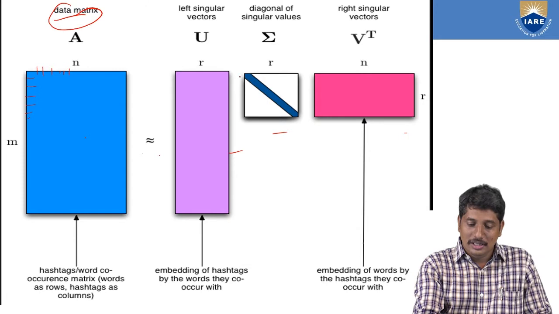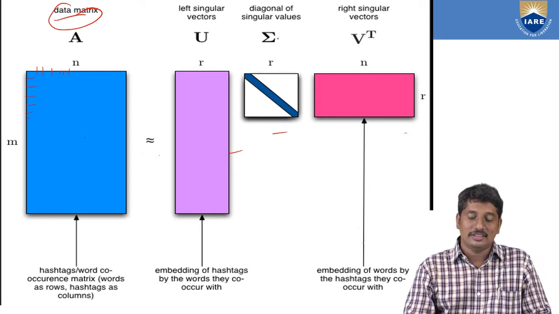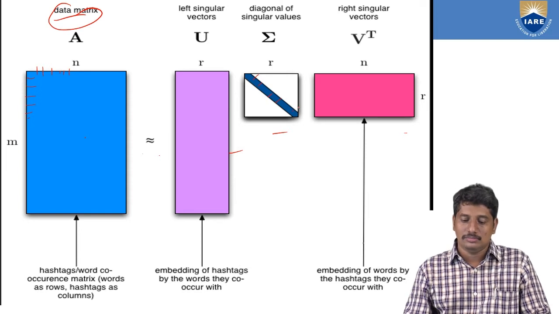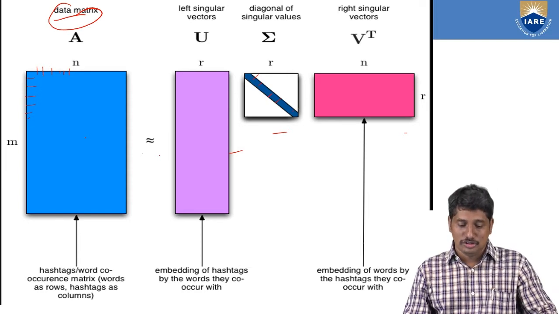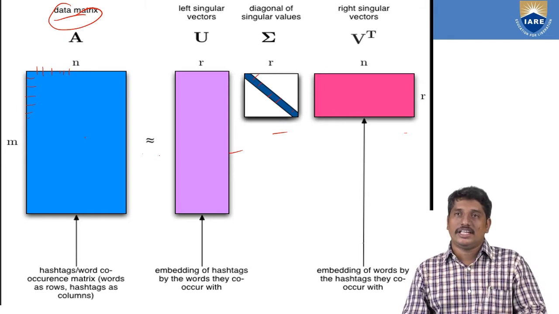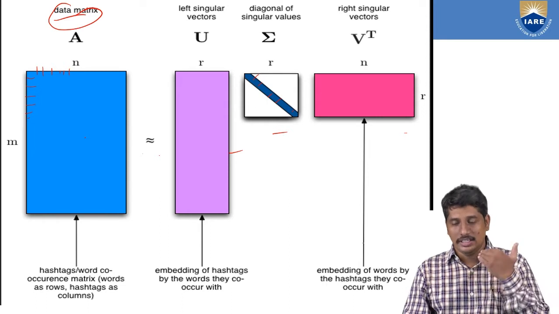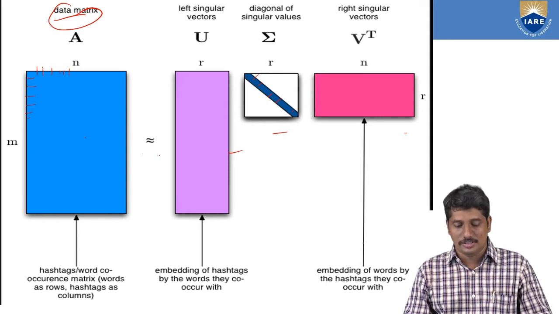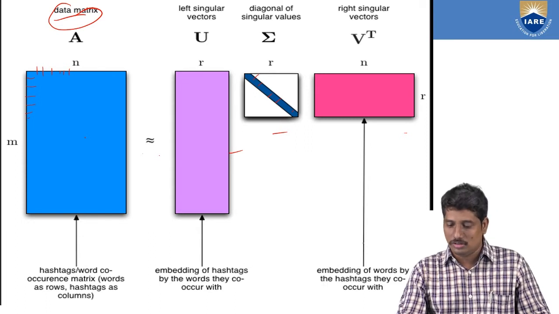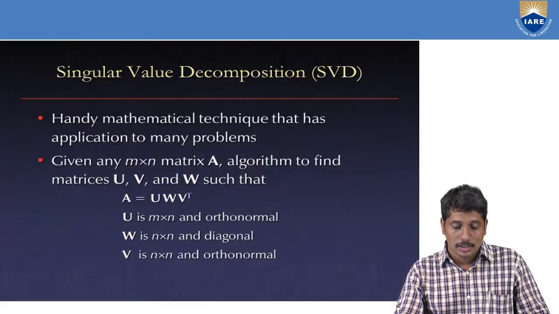The middle matrix is called the singular matrix because it is a diagonal matrix. Only diagonal elements will be non-zero. These non-zero values are called singular values, and they decide whether we have to decompose further or stay at the same stage. This is a small diagrammatic explanation of singular value decomposition.